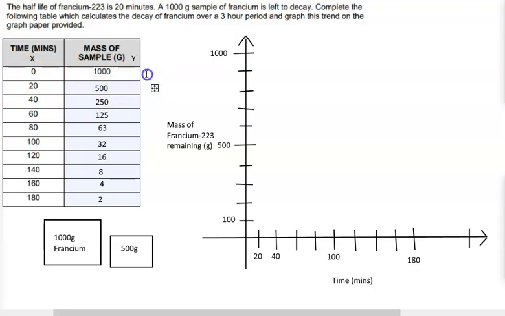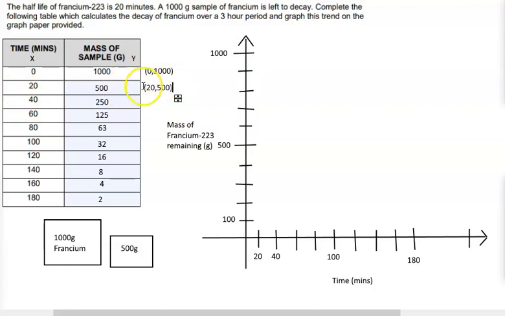So this coordinate here, remember the X number goes first in our coordinate, so this is the point 0, 1,000. And then the next coordinate is at 20, 500, because we always write the X and then the Y.